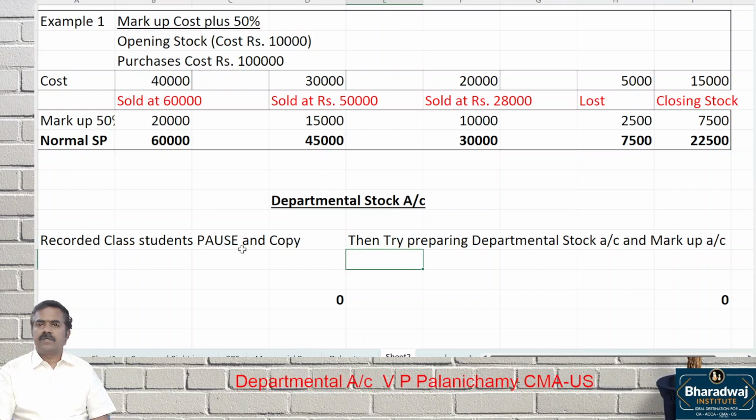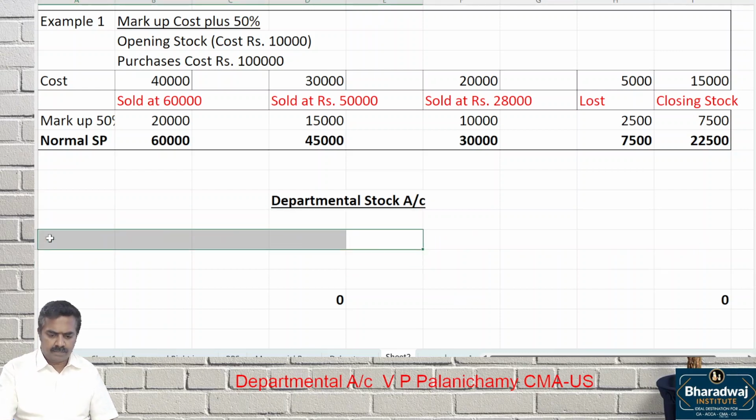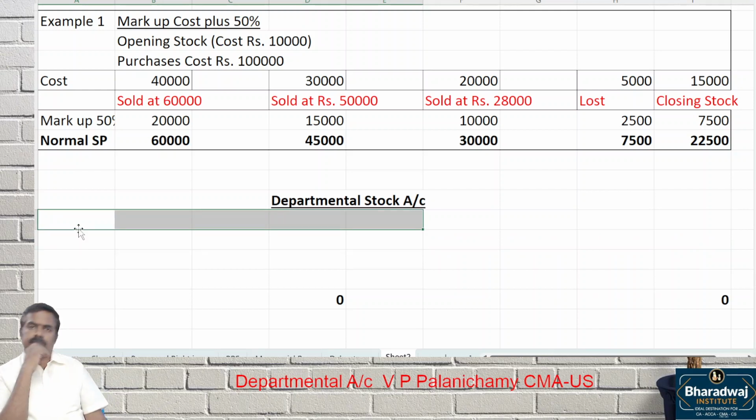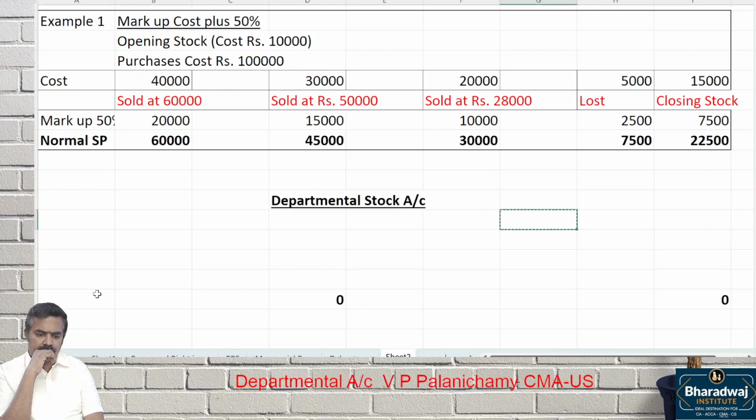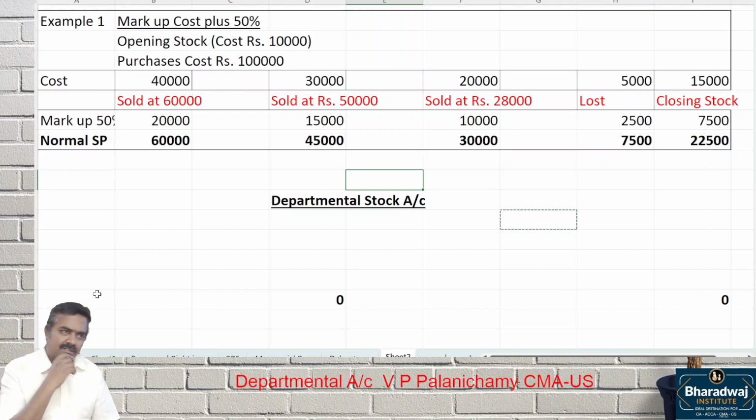Have we taken up this? Stock is recorded at invoice price. Why? You want to have control over the sales.